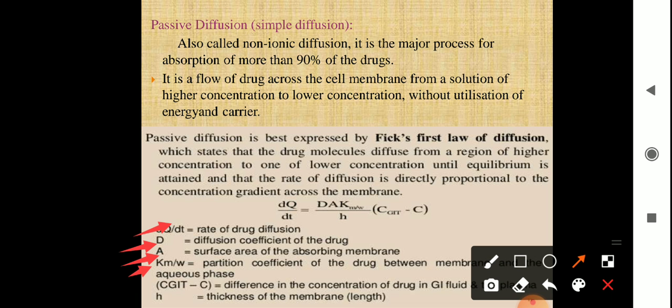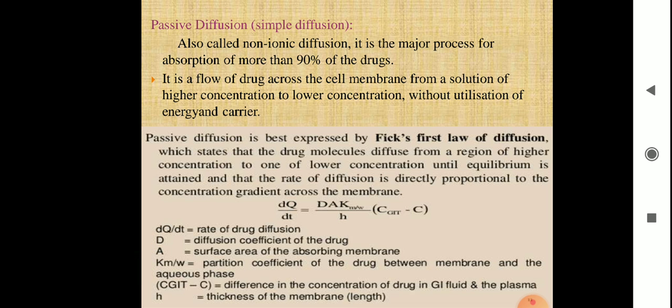Km/w is the partition coefficient of the drug between the membrane and the aqueous phase, and CGIT - C is the difference in the concentration of the drug in GI fluid and plasma. h is the thickness of the membrane.